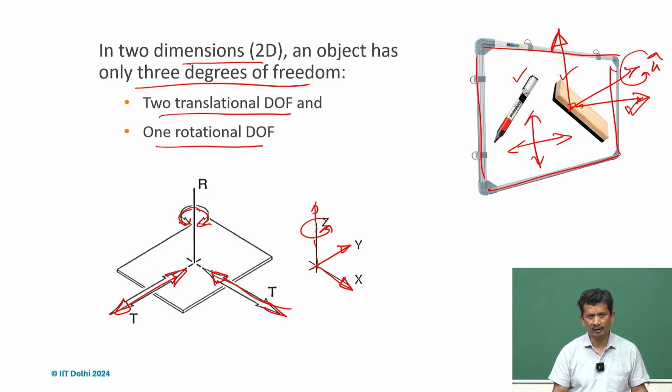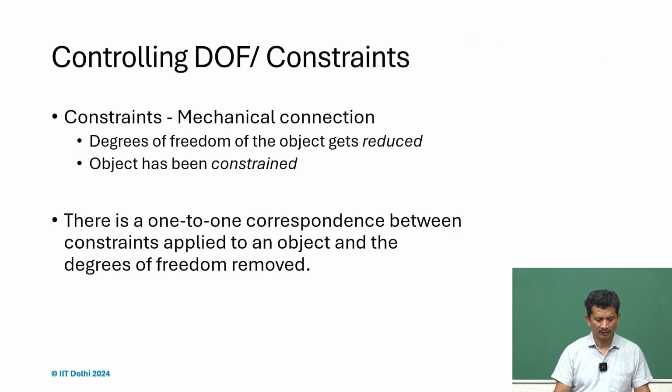Again, we should always remember, and if we have any doubt we should ask why these kinds of motions are happening. So, planar case: 2 translational DOF and 1 rotational DOF. That is about degrees of freedom.